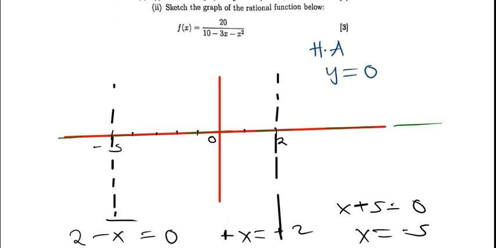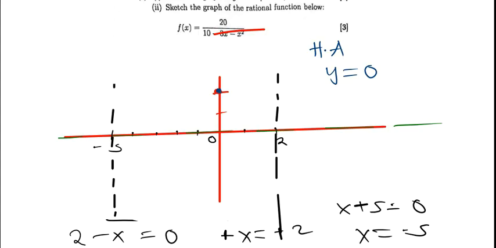Let's say 0. If we plug in a 0 into that function, this part is going to be eliminated, and then we remain with 20 over 10, which is going to give us a 2. So 0, 2, so somewhere, let's say there.